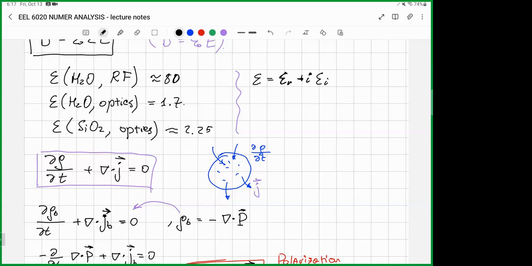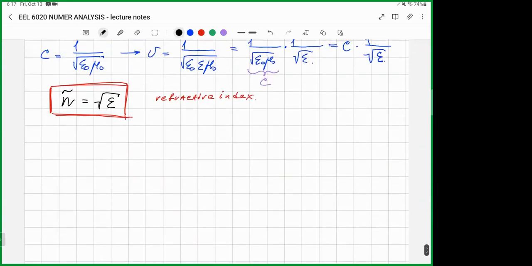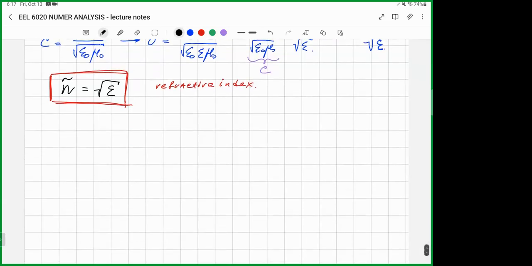And even water or glass are actually also complex numbers, but with smaller imaginary part. And this brings me to the question of how I can take the square root of this complex number, right?